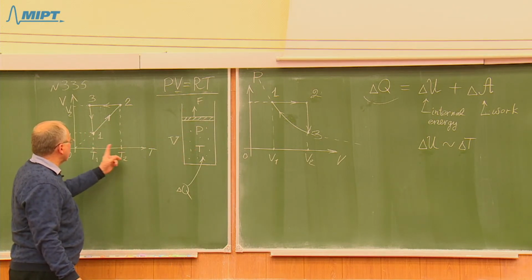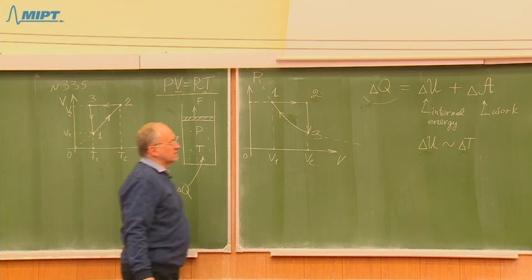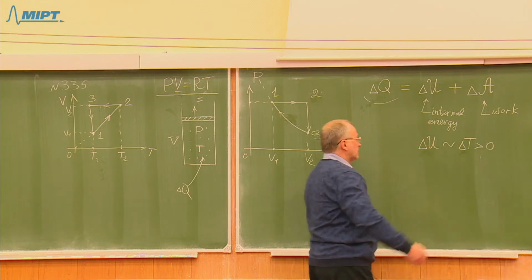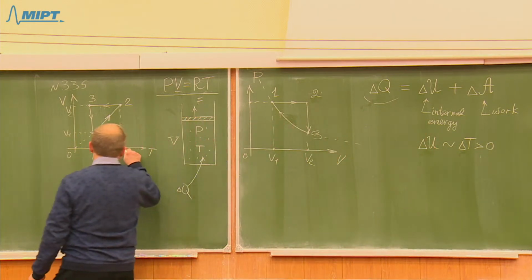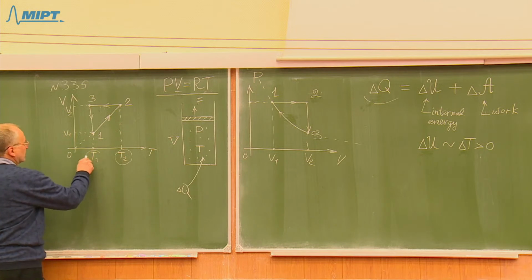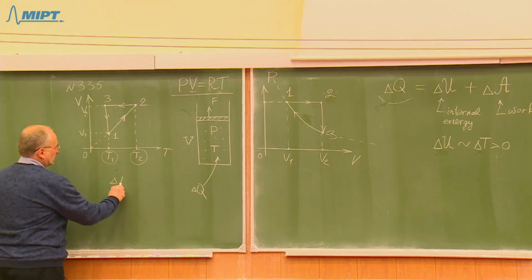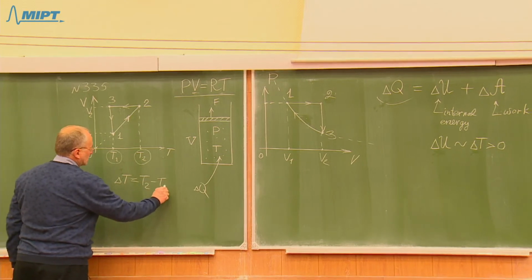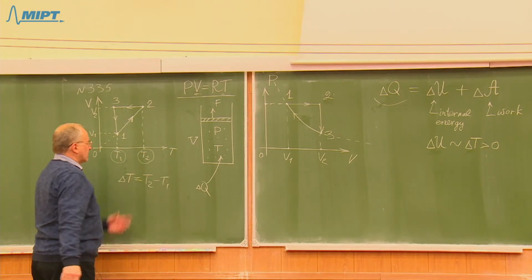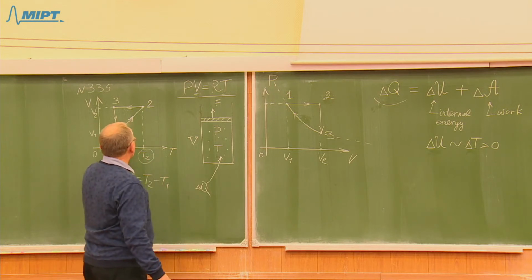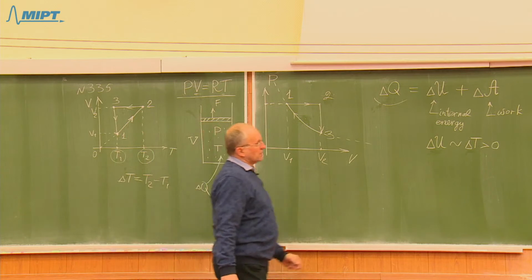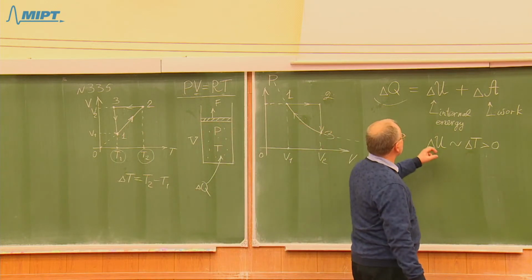If the gas temperature increases, it means that delta T is positive. The final temperature, T2, is larger than the initial temperature. So the change in temperature, delta T, is the final temperature minus initial temperature, and it will be positive for the first process we consider here.